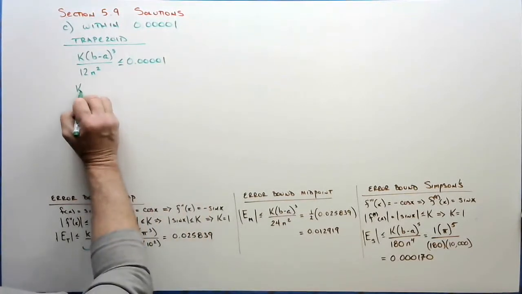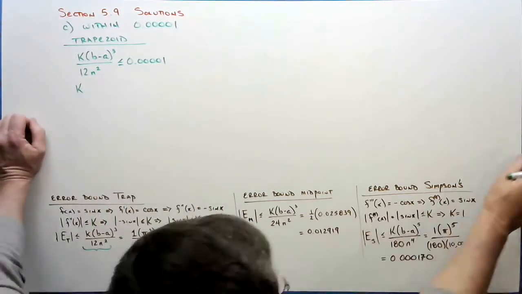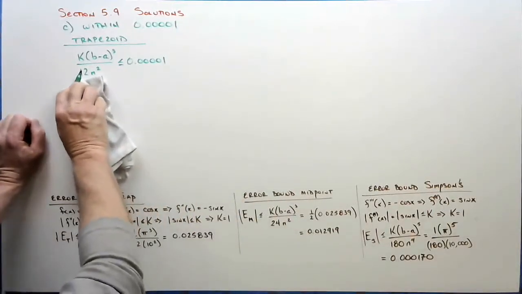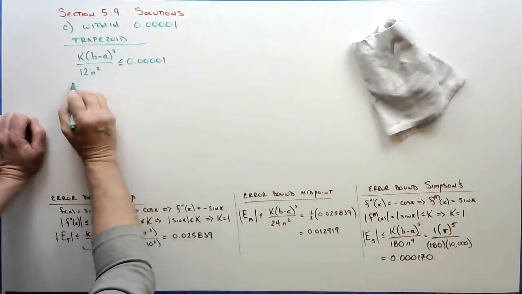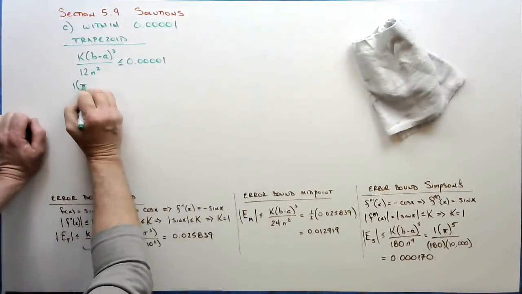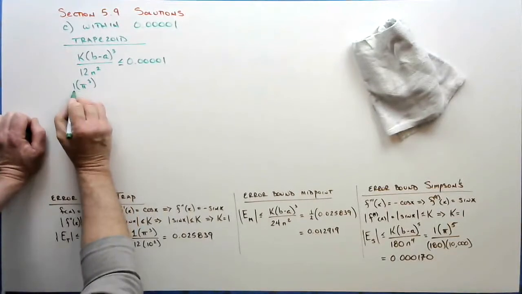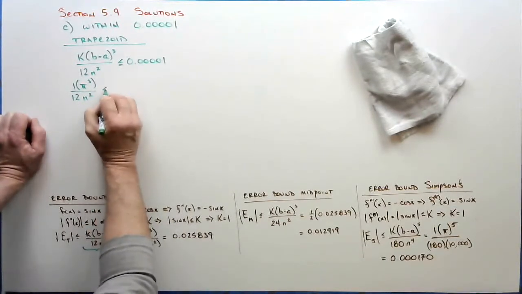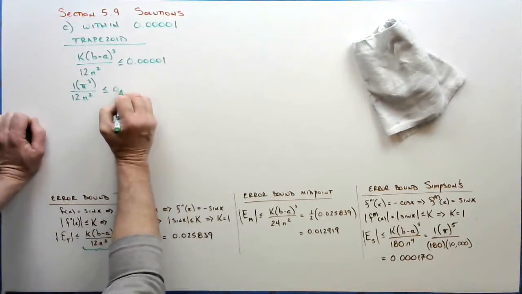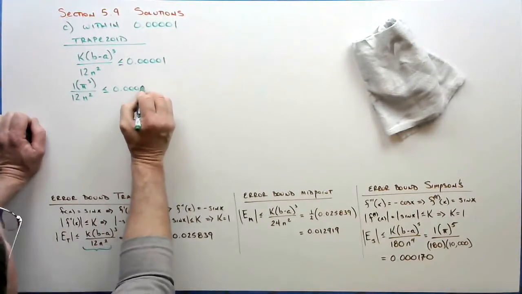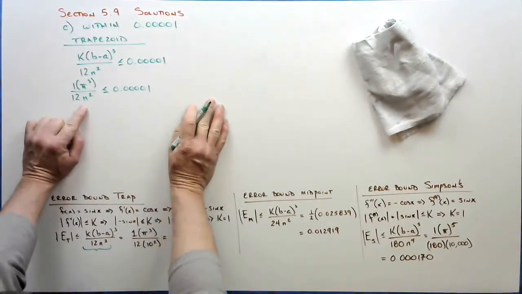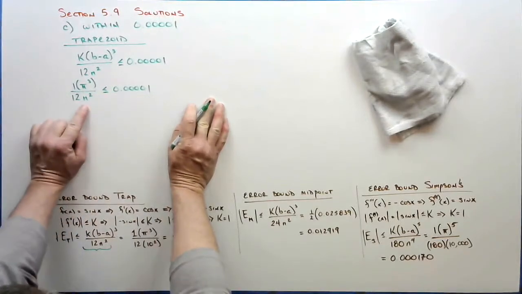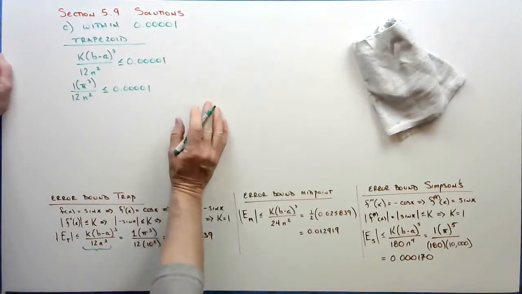So we have K, which we know is 1, we have pi cubed, we have 12 N squared less than or equal to 0.00001. We got to solve for N squared. So we'll multiply on both sides by N squared. N squared is positive, so we don't have to flip the inequality.